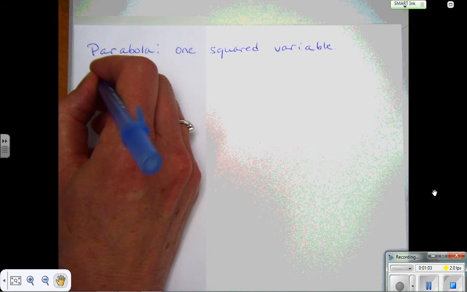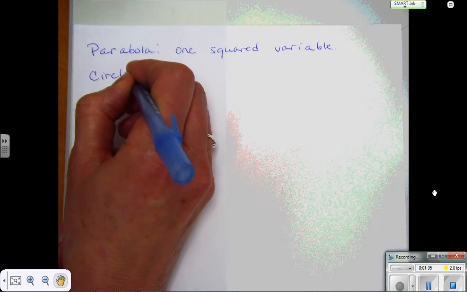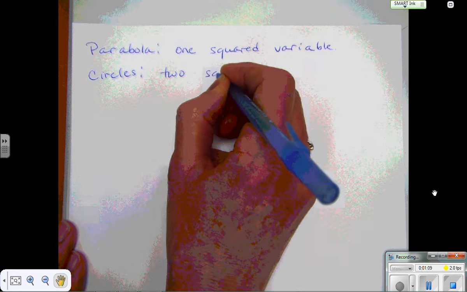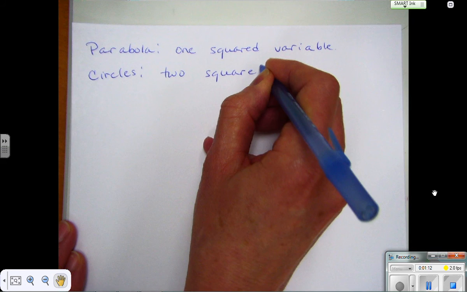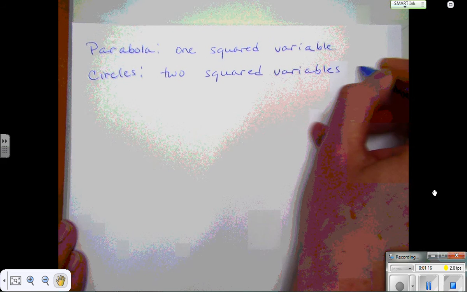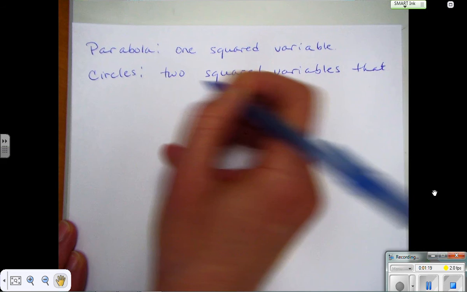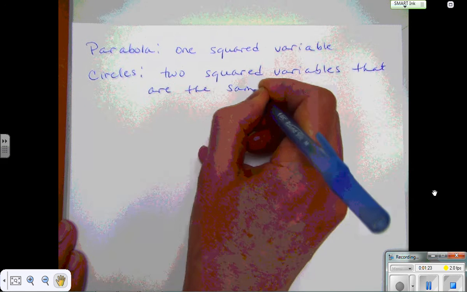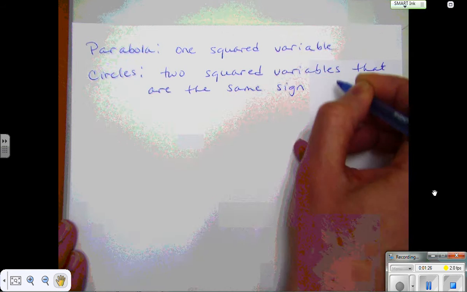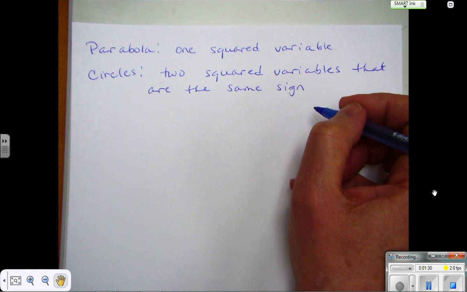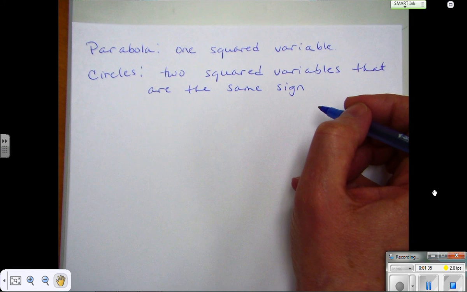Okay, so then we have circles. For circles, you'll have two squared variables that are the same sign. So that means they're both going to be positive or both of them negative, but in the end, when you put it in standard form, you want them to ultimately both be positive, right?